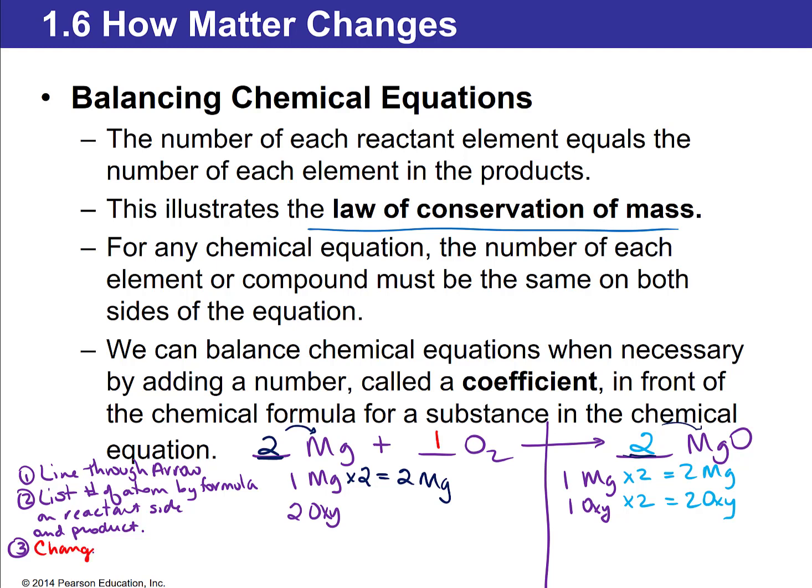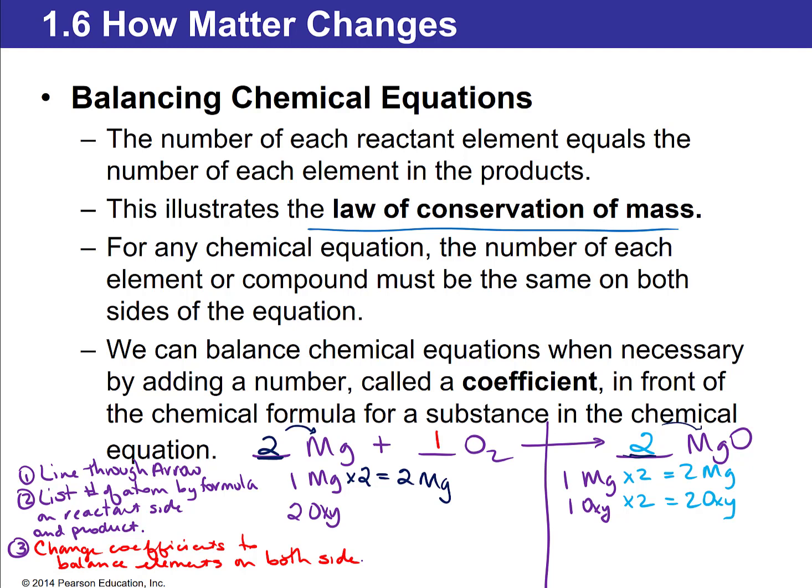So you're going to change what are called the coefficients to balance each element type. Because the law of conservation of matter says you can't create nor destroy matter.